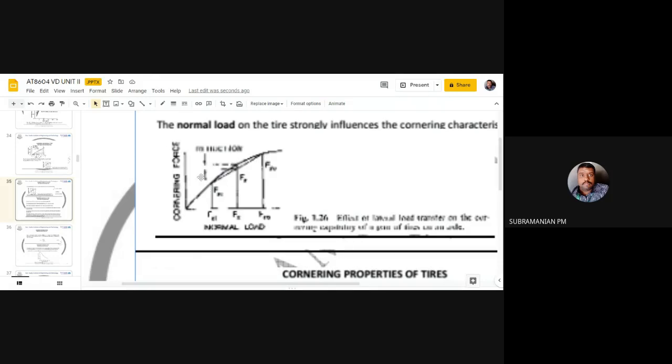Due to the load transfer, you can see the cornering force is getting reduced. In the x-axis we have normal load. When normal load is more, I will have a cornering force at this value. When it is reduced, you can see the cornering force also is reduced. So the reduction, I can measure in this fashion.